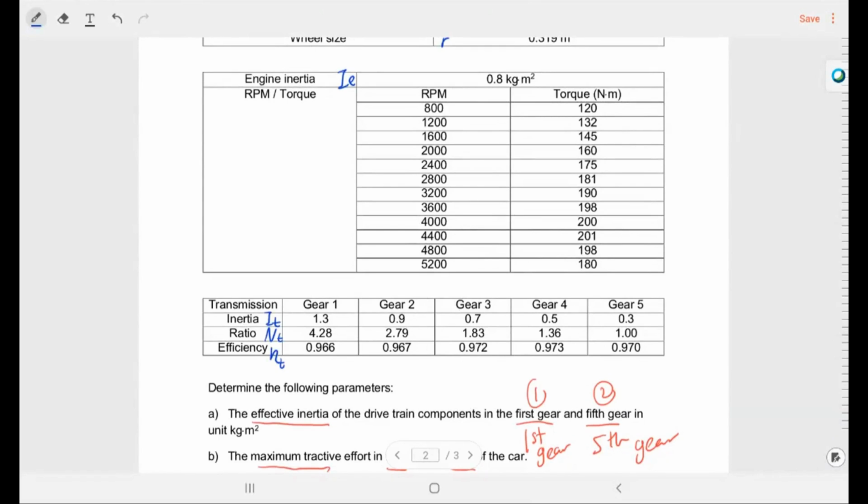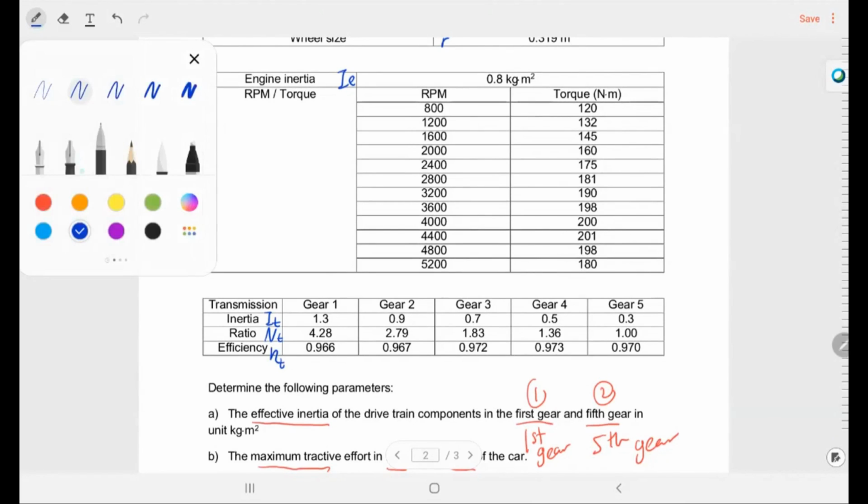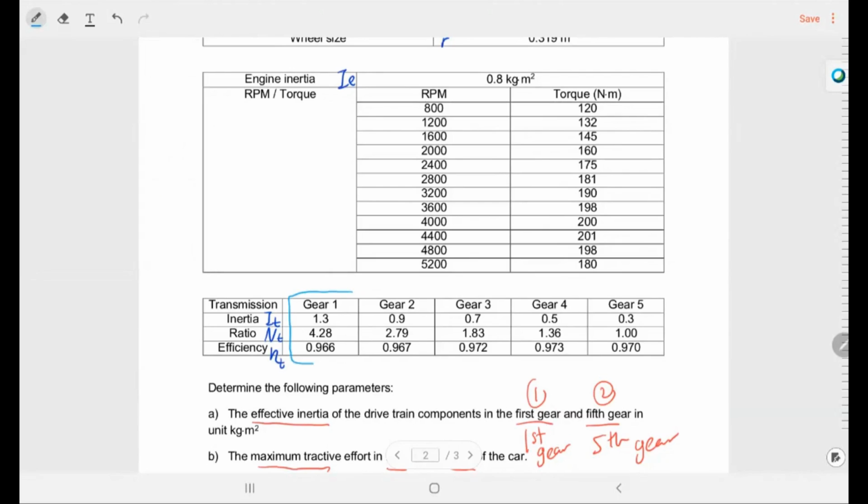To solve the first gear, you refer to the first gear values. For fifth gear, you refer to different values for transmission inertia IT, different ratio, and different efficiency.